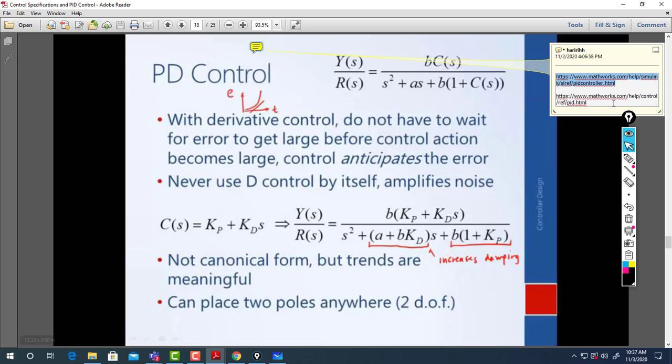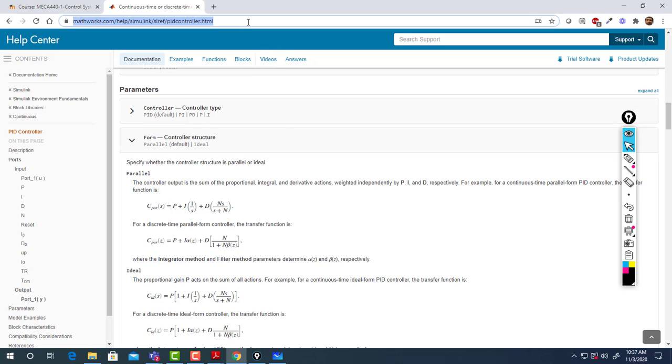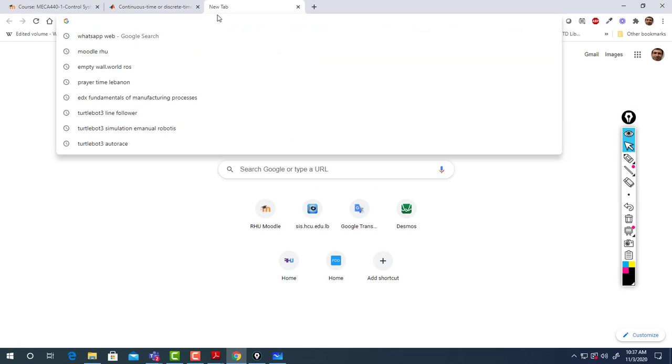Also, you may see it in this form as well.